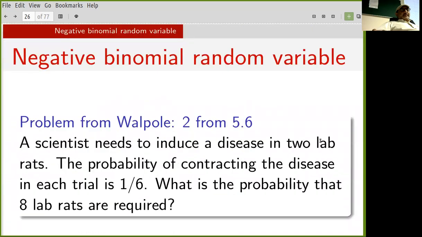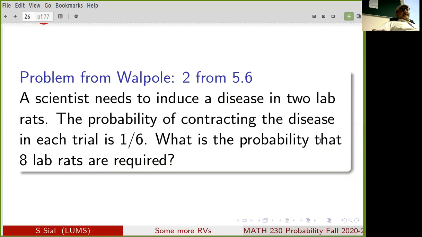Okay, so let's take a problem from Walpole. A scientist needs to induce a disease in 2 lab rats. The probability of contracting the disease in each trial is 1 over 6. What's the probability that 8 lab rats are required? So one possibility is that 2 are required, right? You got a success on the first one, you induced the disease.